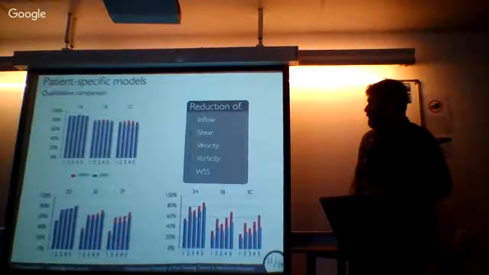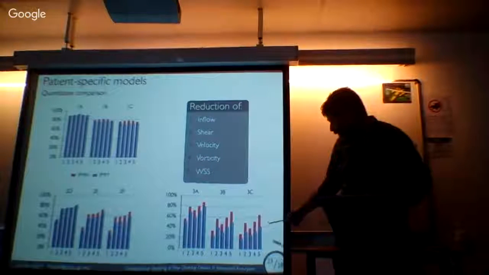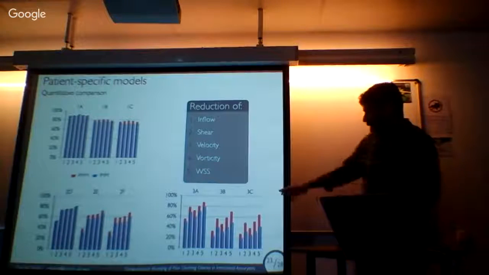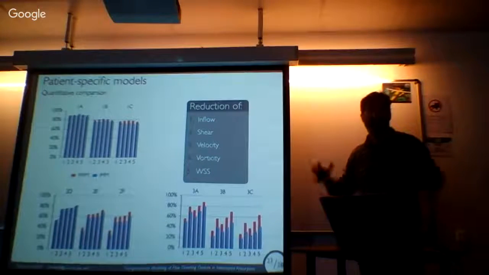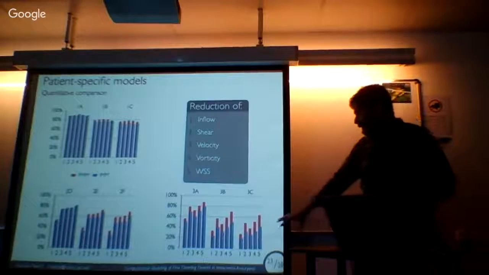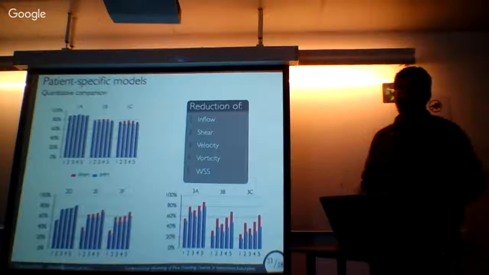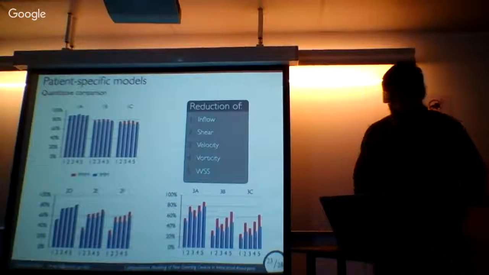The difference depends on the geometry, for sure. It's not that bad. It's probably the worst case. This is aneurysm number 3. It's the big ball there. But this probably is an extreme case. For the other cases, we are pretty close. We are ballpark.